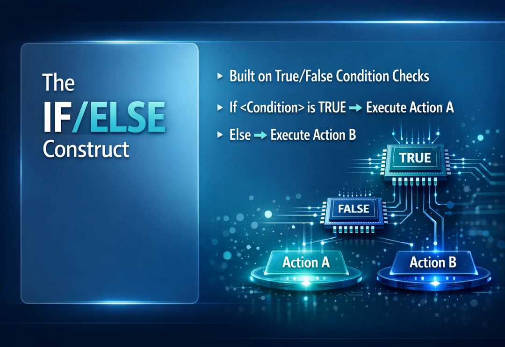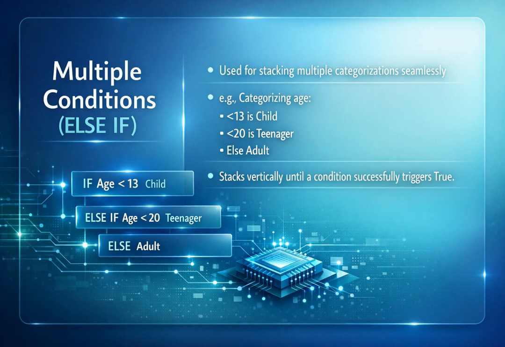Selection manifests as the if and else statement framework. Hardware tests a binary condition. If true, run branch A. Otherwise, route to B. You stack these using else-if constructs. The CPU probes vertically until exactly one algorithmic variable triggers true.